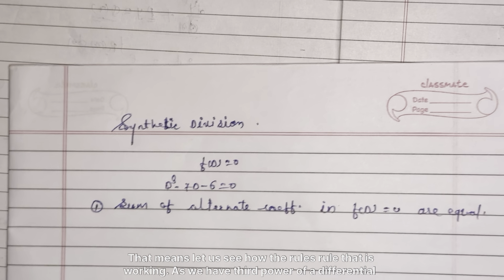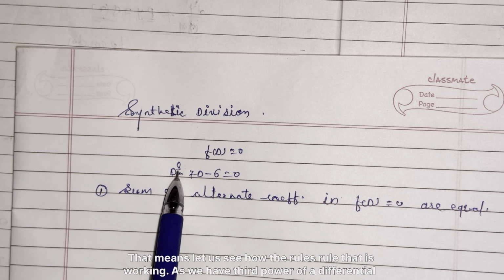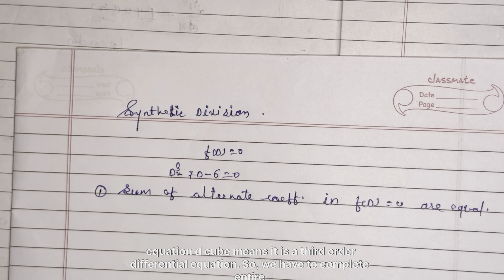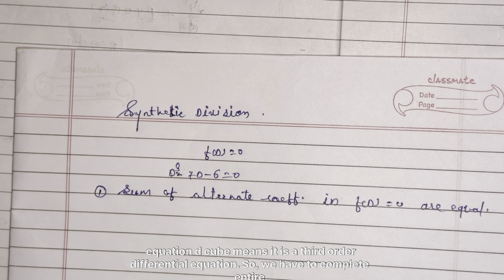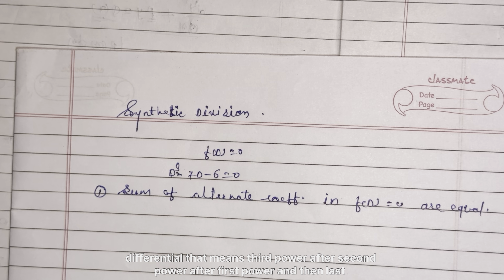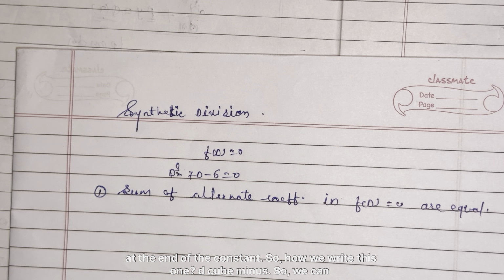As we have the third power, D cube means it's a third order differential equation. So we have to complete the entire expression: third power, then second power, then first power, and at the end the constant.